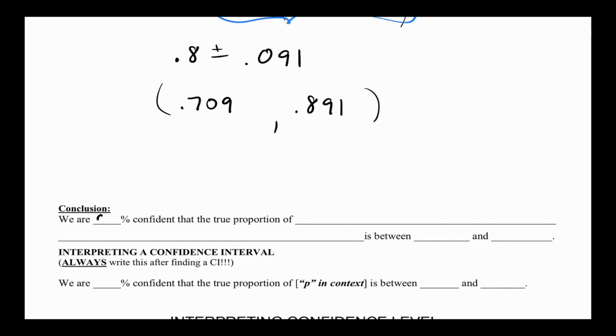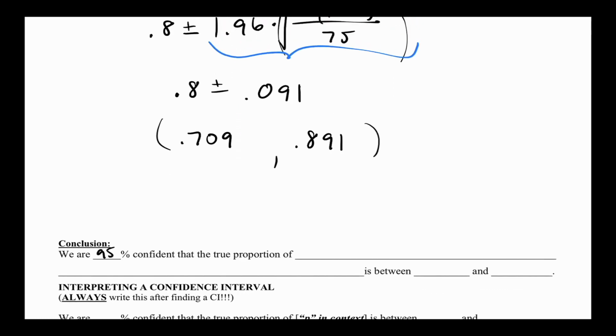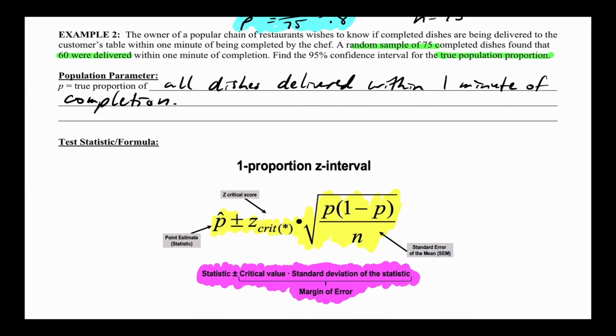We are 95% confident that the true proportion, and literally you just cut and paste. That's why we do population parameter at the very beginning. So for the conclusion, we literally just cut and paste. Okay.